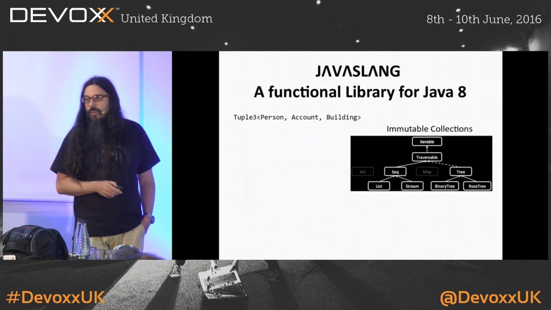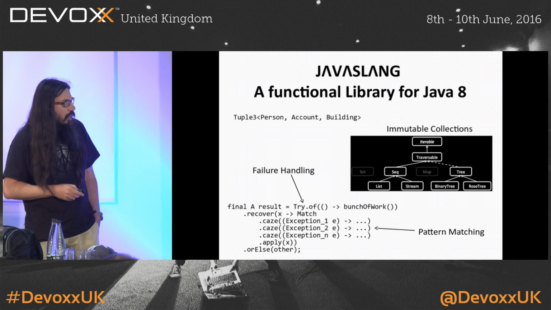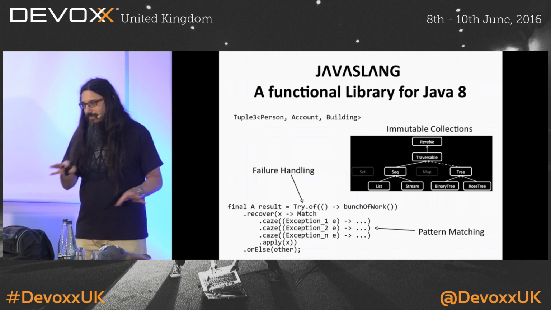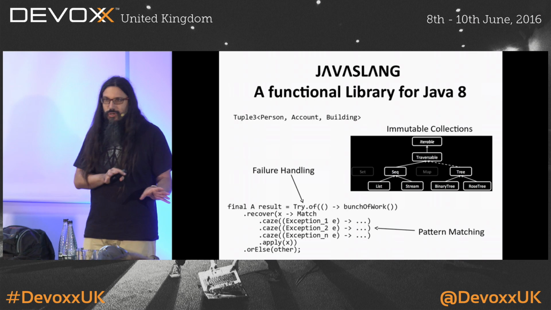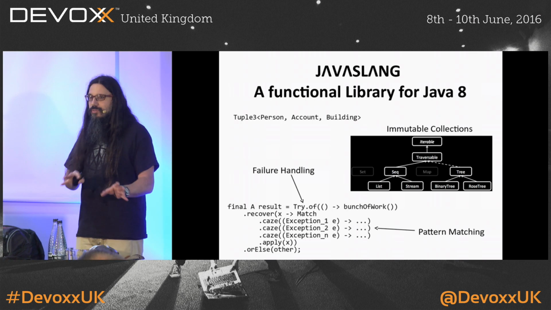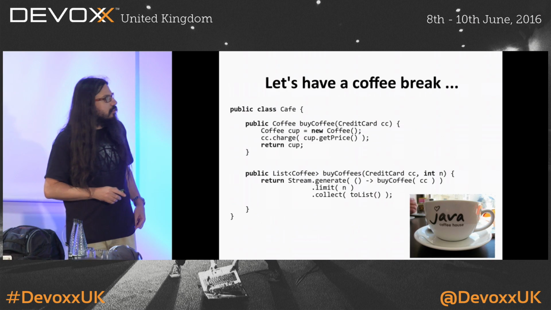It has immutable collections that are quite useful. It has a sort of pattern matching, of course, with the restrictions of the Java syntax, but you can do quite nice stuff. So take a look at this.